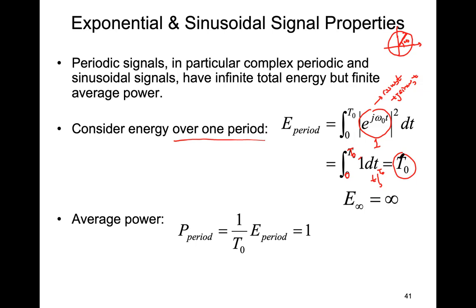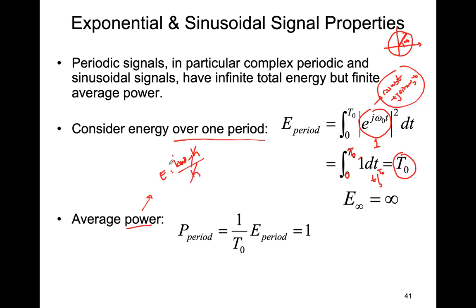So for a complex exponential signal like this, the energy over one period will be equal to T0. If you talk about average power, arkadaşlar, why average power? Why power? Because energy was like kilowatt hour. Now I'm dividing by the period, hours.